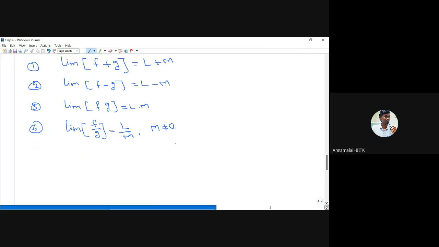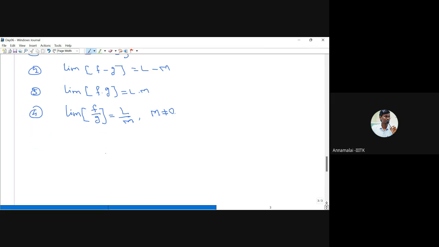Okay. And suppose we take some scalar, so the limit of k times f is nothing but k times the limit of f, which is k times L.